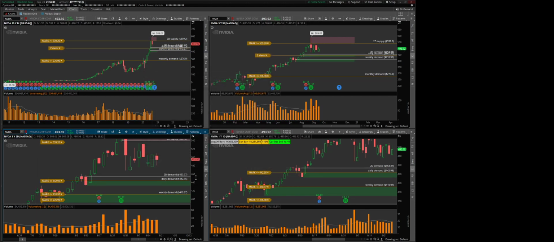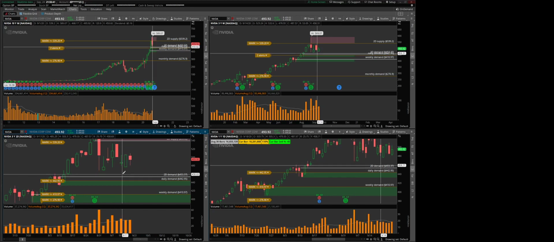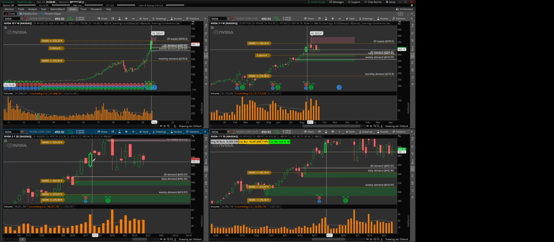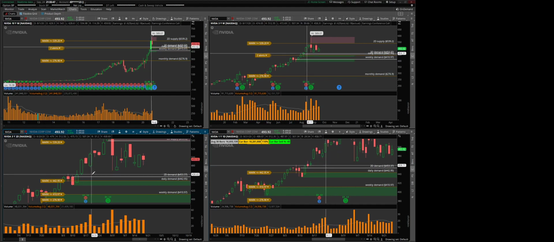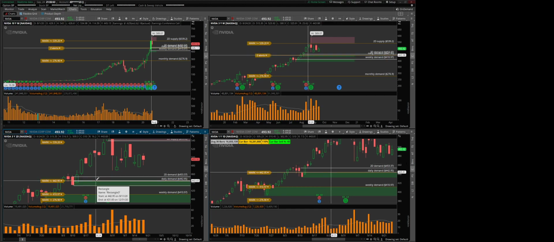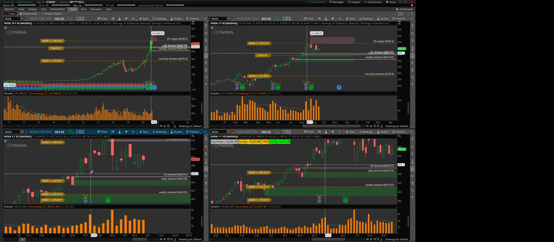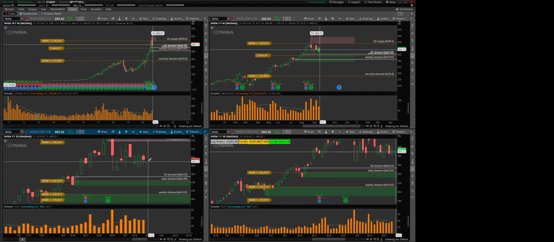2-day demand. So what will end up probably happening is, as you guys know, price doesn't just come to a zone. Sometimes it does. The cleaner bounces will come to a zone, touch it to the T, and then take off. Or there's other times where price will come to a zone, for example here.